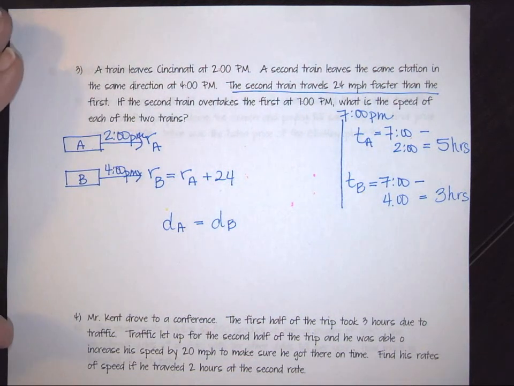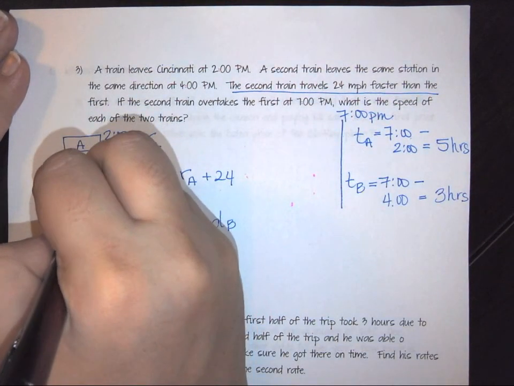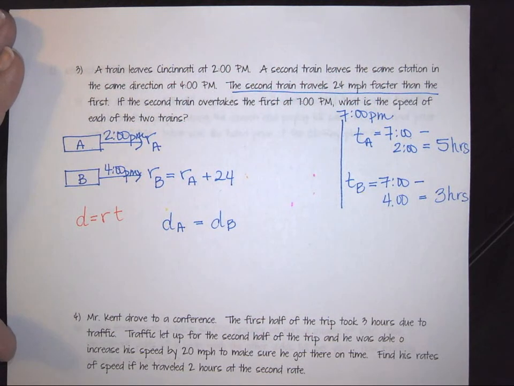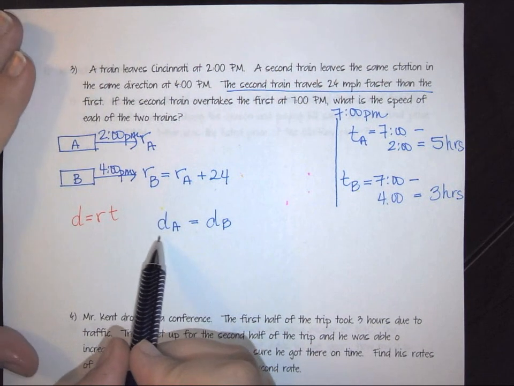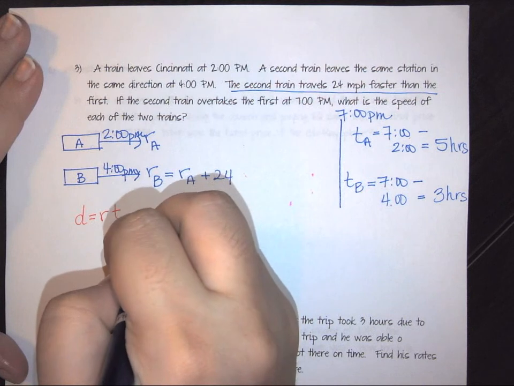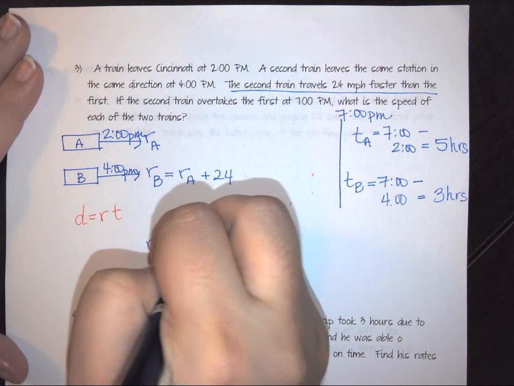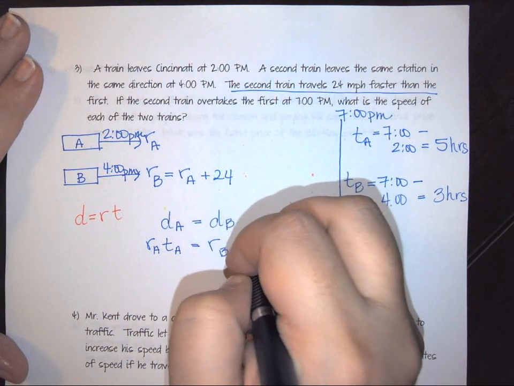Now, we also know that our formula is D equals RT, and we have to use that to our advantage. So we have the distance for train A, which means the rate for A times the time for A needs to equal the rate for B times the time for B.